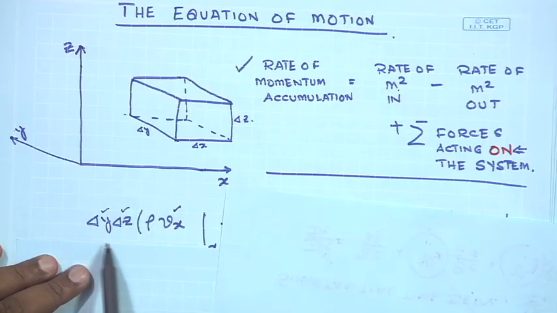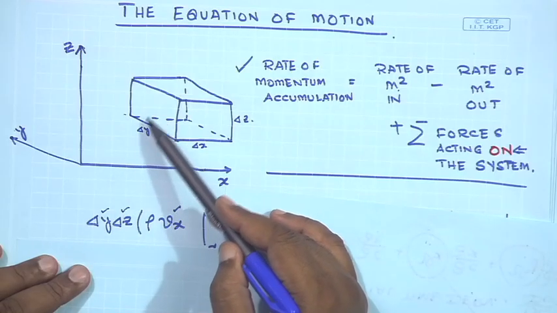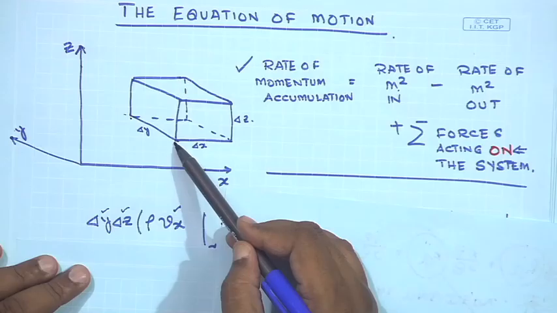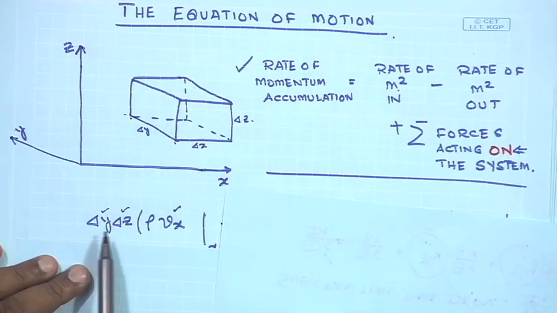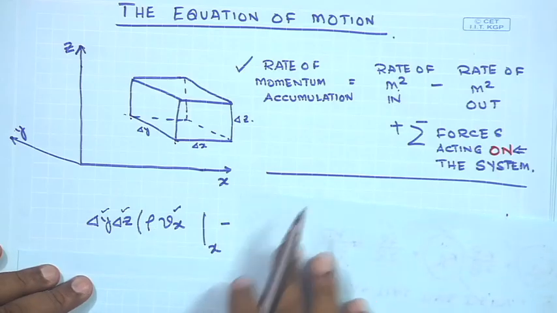So del y del z rho Vx is the mass which is crossing the x face, having area del y del z, evaluated at x.